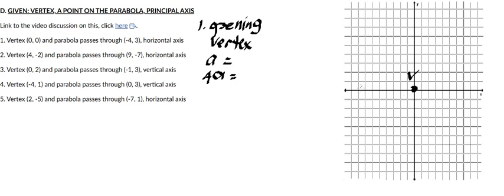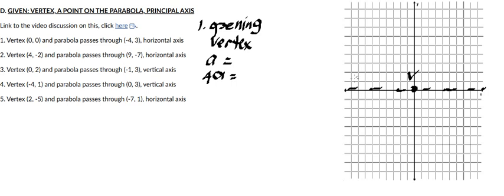If the principal axis is horizontal, that means our parabola will be identical on this respective principal axis, which means our parabola could be opening to the left or opening to the right.